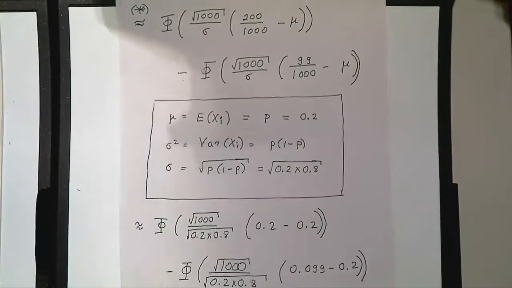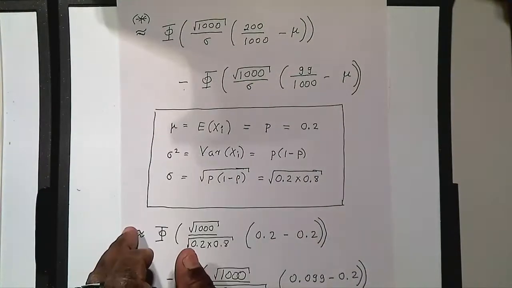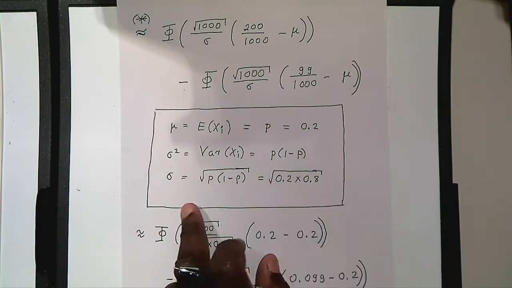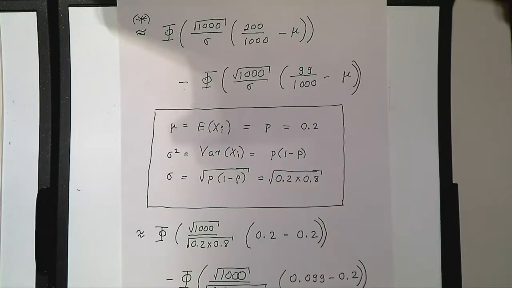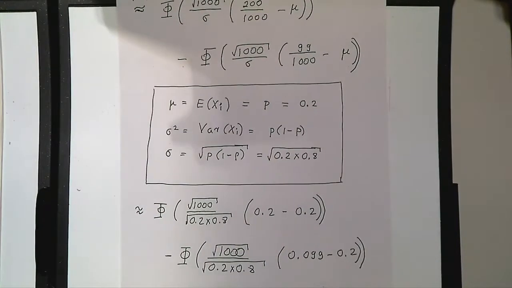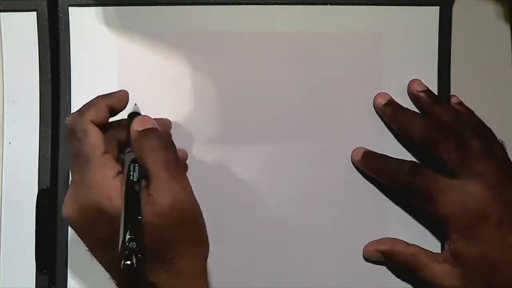Then I worked out the mu and the sigma. Mu and sigma are simply the mean and standard deviation of x1 to xn, which we are assuming to be Bernoulli. So mu is 0.2, sigma is the square root of this, and you substitute them here and you get this. You can work this out using the tables. Any questions, guys? Are you okay? All right, we need to move on quickly to the next topic.